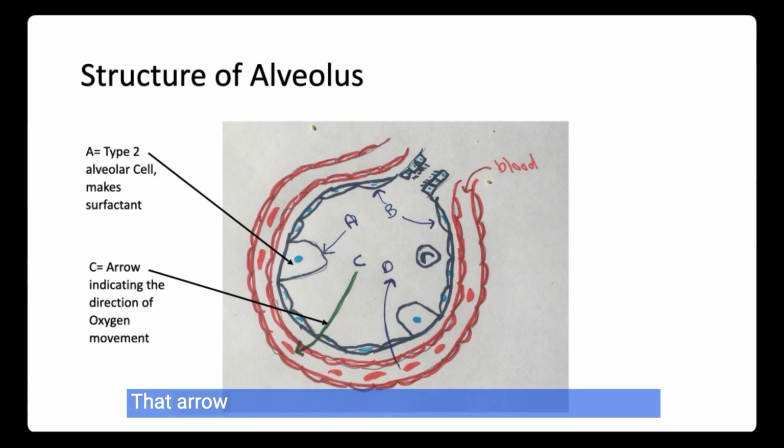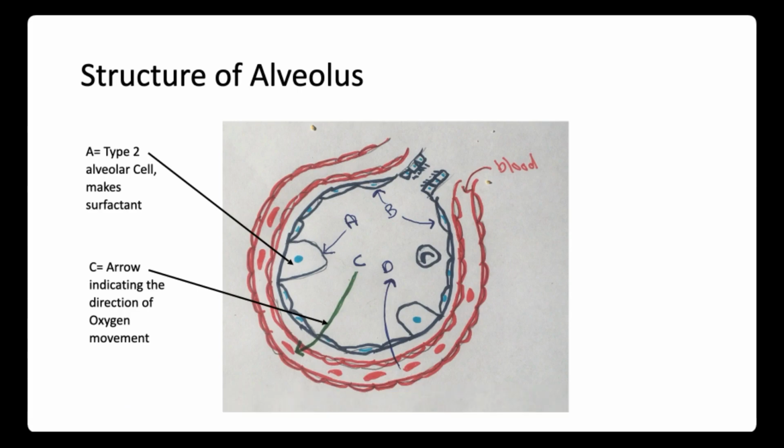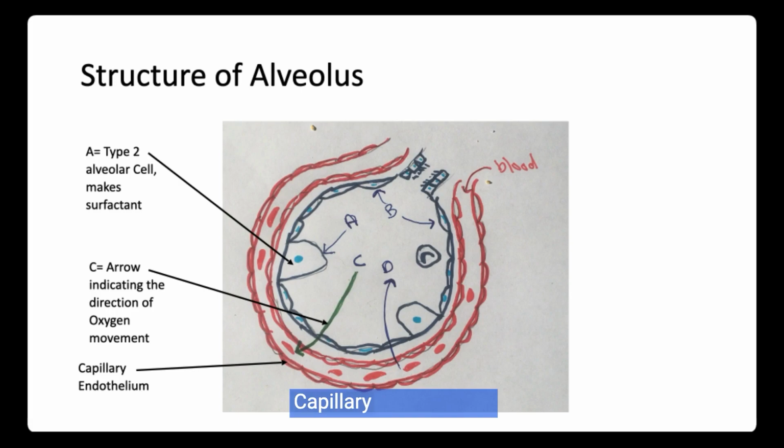That arrow is indicating the direction of oxygen movement. How about here? Right on, capillary endothelium. Here, good. Red blood cells, RBCs.